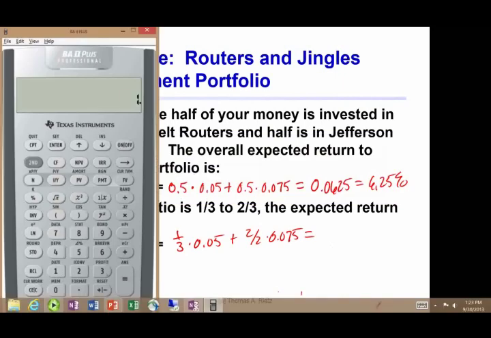So a third at 5% plus 2/3 at 7.5% is 6.67%.